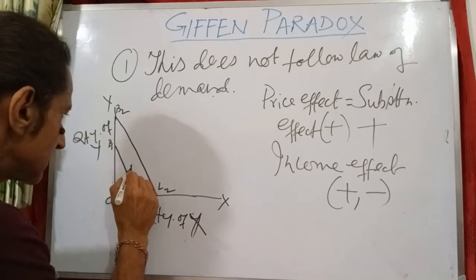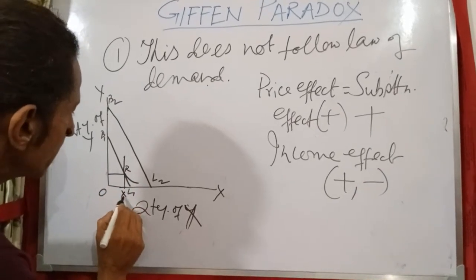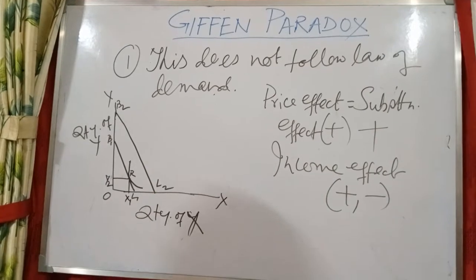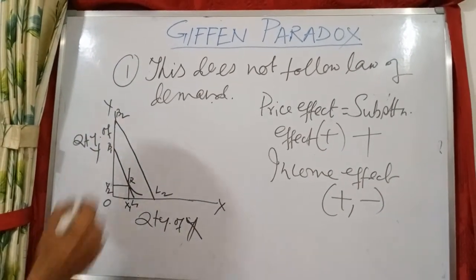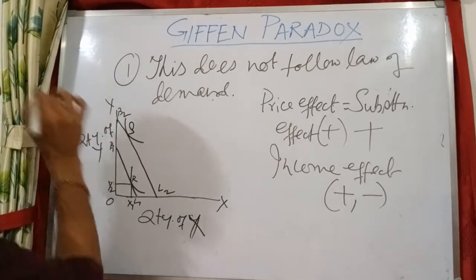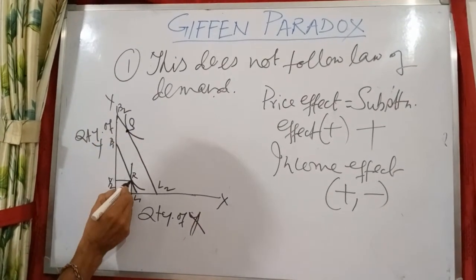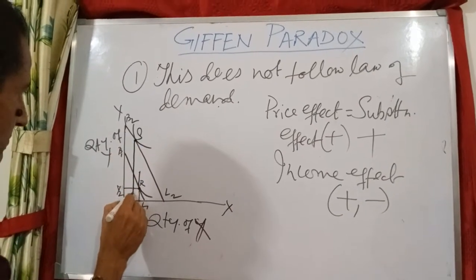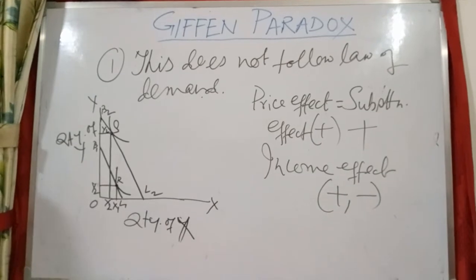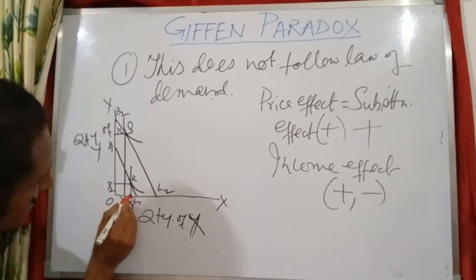So initially the consumer was in equilibrium at point, say R, consuming OX1 units of X and OY2 units of Y. As a result of the increase in money income and the resultant increase in real income, the consumer moves to a higher indifference curve and a higher point of equilibrium, let it be S. Here, at this point, the consumer is consuming X2 of X and Y2 of Y. That means his consumption of X, which is a Giffen good, has fallen from OX1 to OX2.